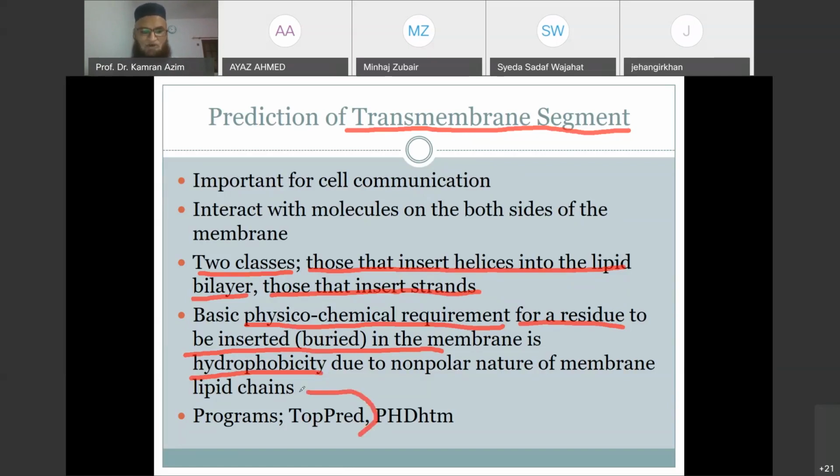Two of them are written over here. One is TopPred program and another is PHD-htm program. These two programs are available for prediction of transmembrane segments.